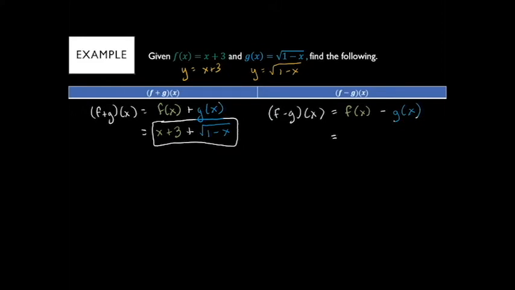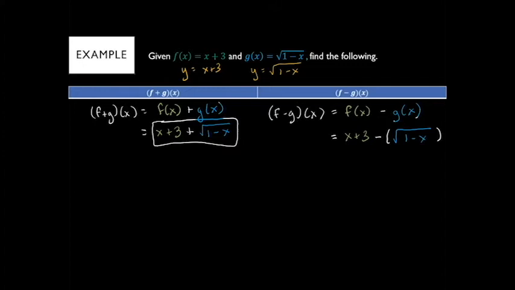So f of x is x plus 3. Then I have my minus. And whenever you have subtraction, you should put parentheses around what you're plugging in just to make sure that you're subtracting the whole thing.